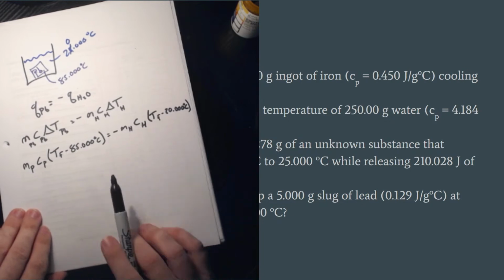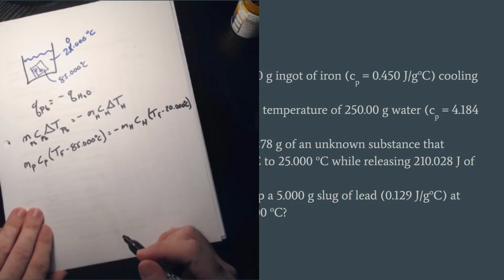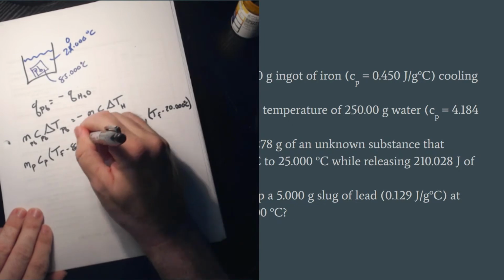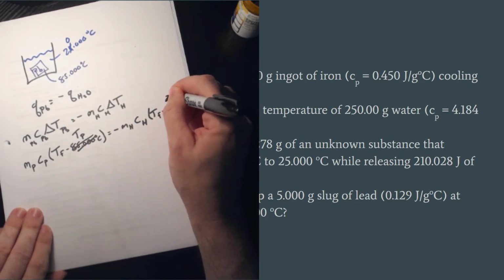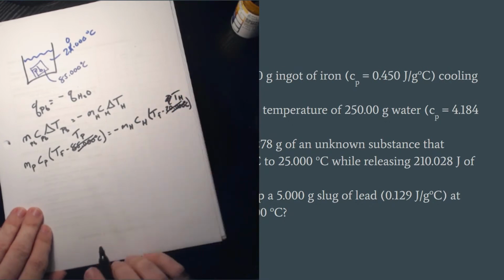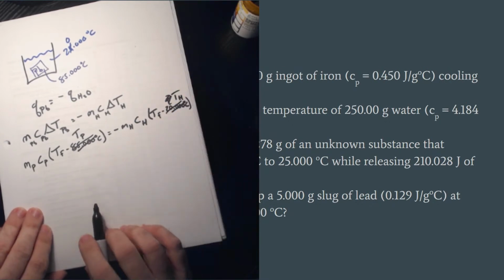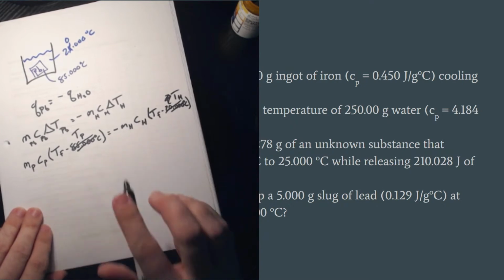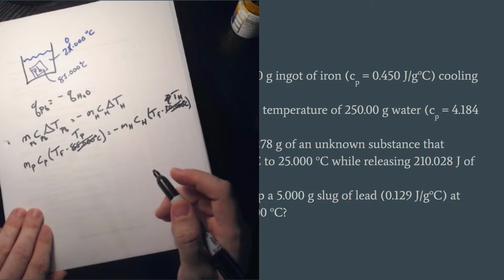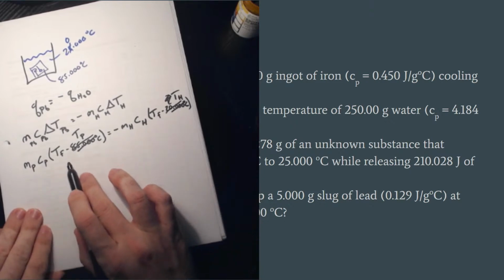Now, if you want, you can sit down and watch as I go through step by step. I'm going to just go ahead and replace this with the temperature of the lead, temperature of the water, to make it easier to write while I'm doing this. I'm going to go ahead and solve for the final temperature now. So I'm just going to go ahead and multiply through.